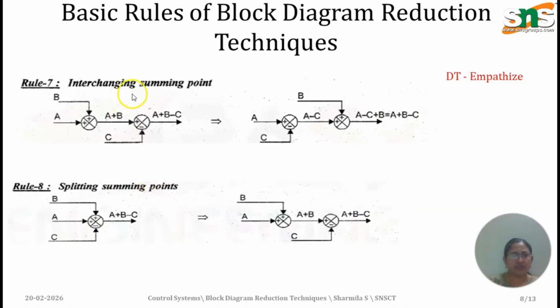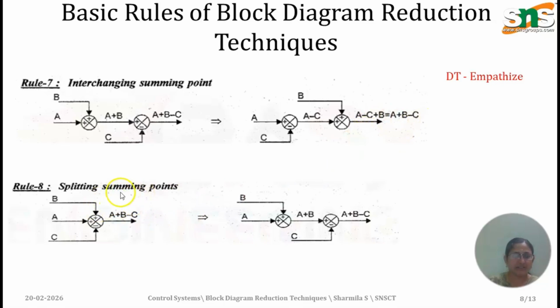Rule 7 is interchanging summing points. Here A, B, the summing point is plus, so we get A plus B, and then the C input with minus gives A plus B minus C. If we interchange the summing points, A minus C is added with B, so A minus C plus B is equal to A plus B minus C. There is no change in the output.